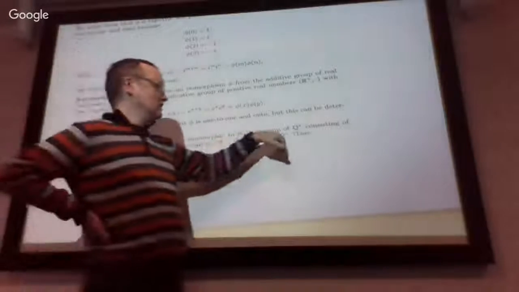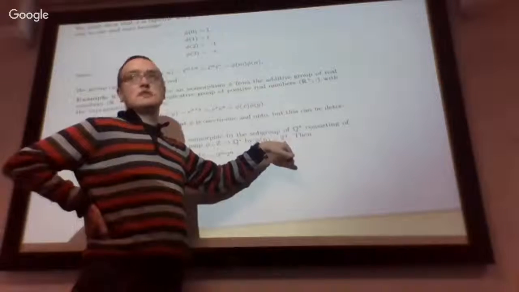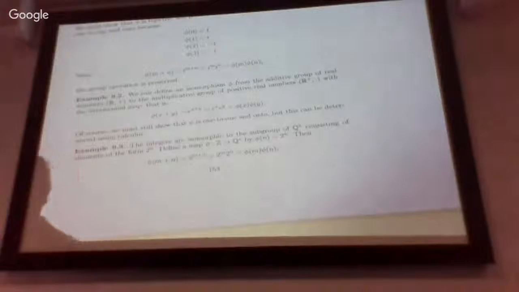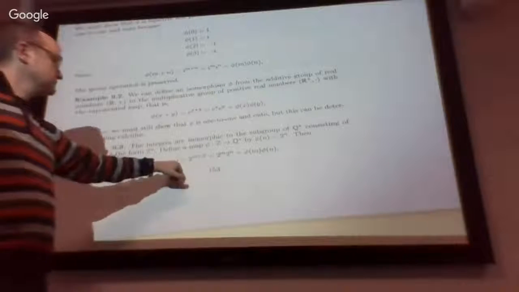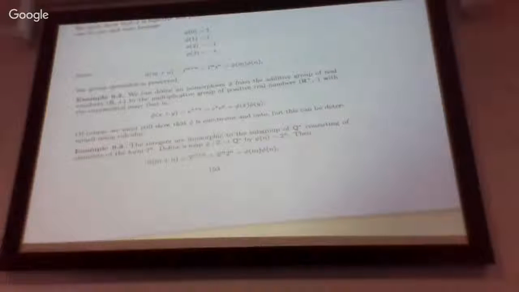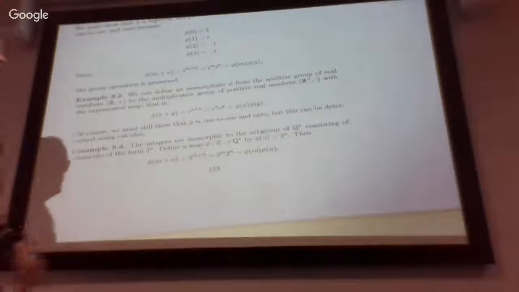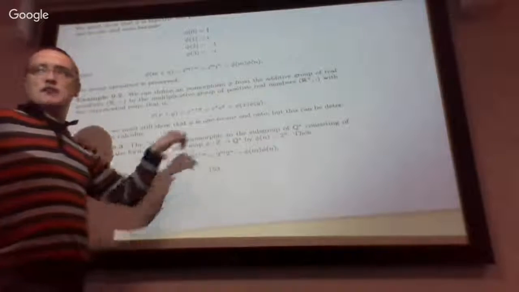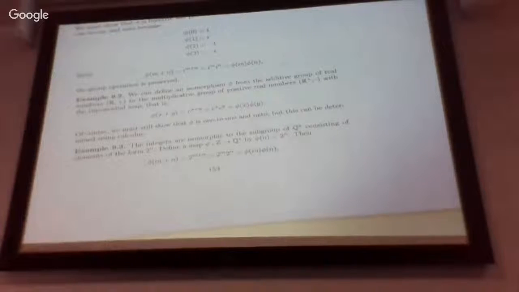Instead of using the number e, we're using 2 as the base. So we only ever get powers of 2 or powers of a half. So we get rational numbers, and we're just using the integers as the domain. But again, this key property, when you multiply powers, you're adding the exponents. That provides the homomorphism property.